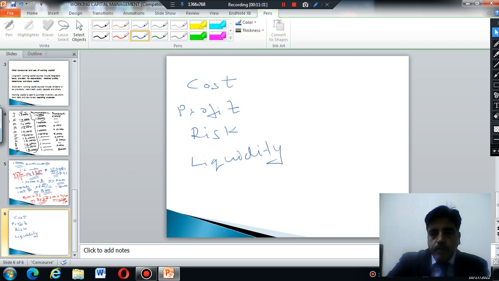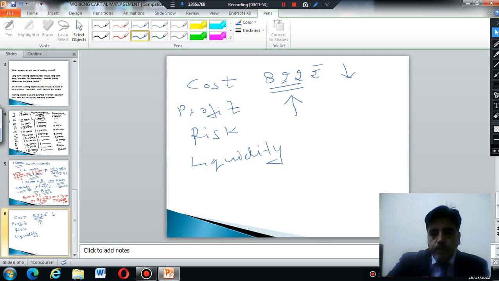Since the cost I have defined, how much cost incurred? 892, and the cost is very less. If you consider the overall cost in a month, it is merely 892, which is very less. The cost is less, so obviously the profit will be more.